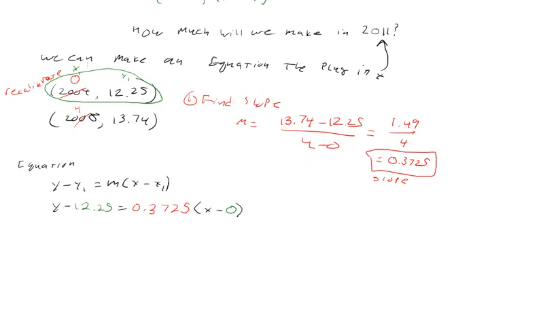Again, we can simplify this a little bit. y minus 12.25 equals 0.3725 times x minus 0, which is just x. So I don't even need the parentheses anymore. I can just say x.